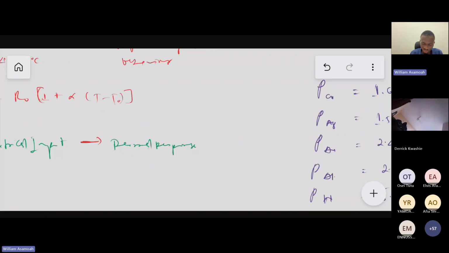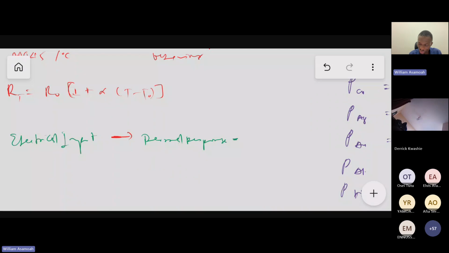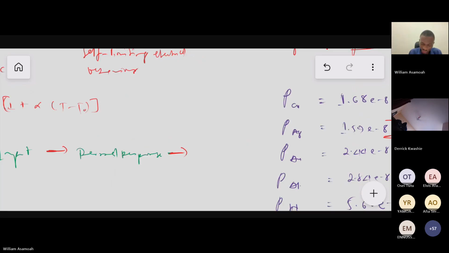The electrical input raised the temperature of the tungsten filament bulb. Then when the temperature rose, it began to automatically regulate how much current is flowing by setting the resistance. So it's automatic. The system is just regulating itself.